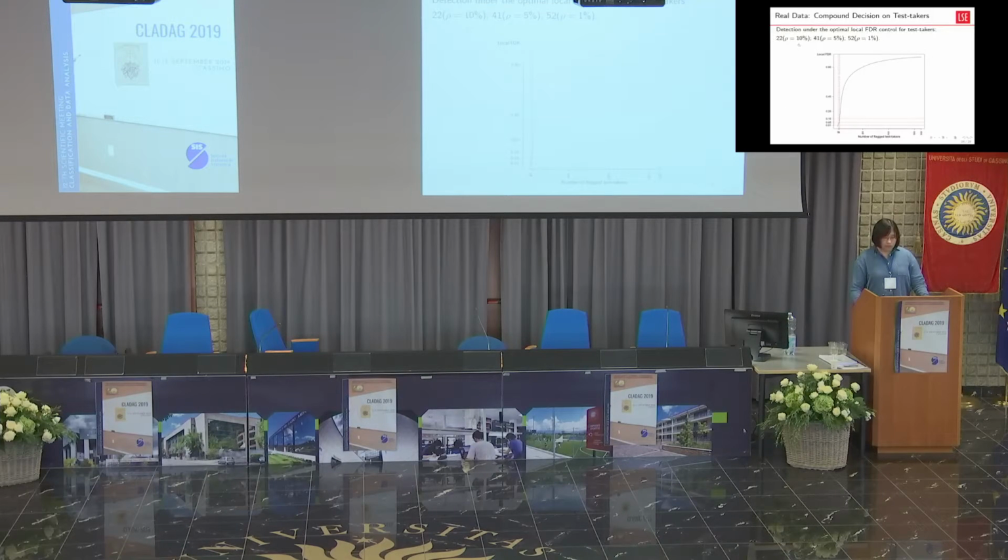So you can see when we specify the level at 10%, there are 22 people detected as cheaters, and at 5%, there are 41 people as cheaters, and when the level is quite small, there are 52.